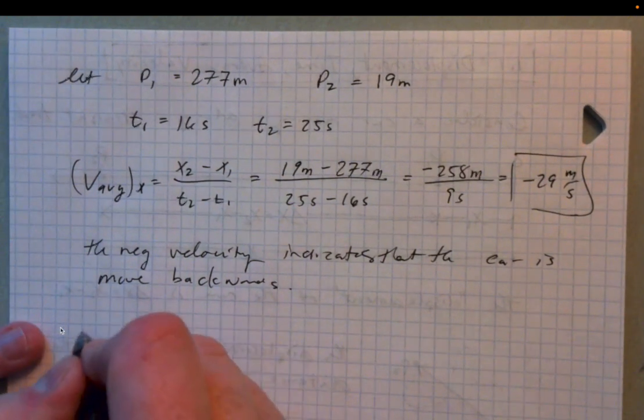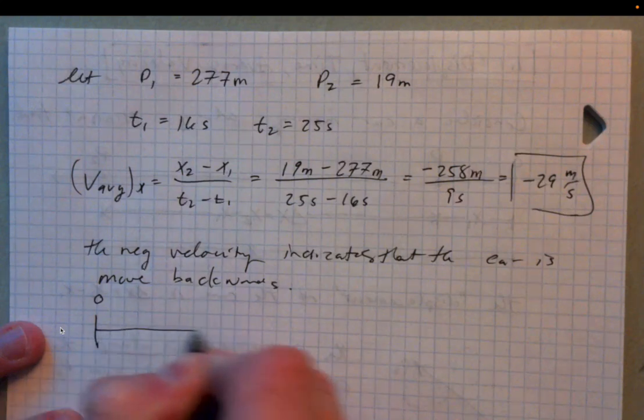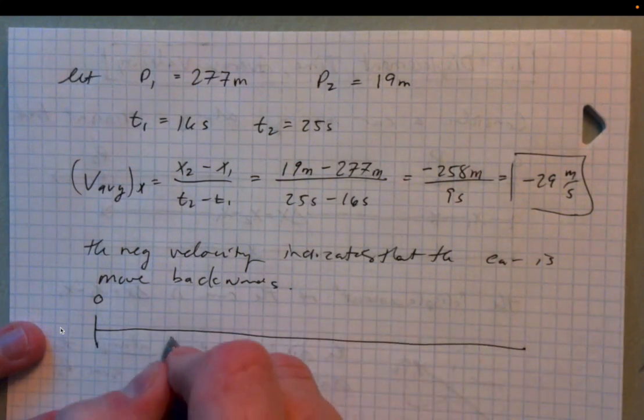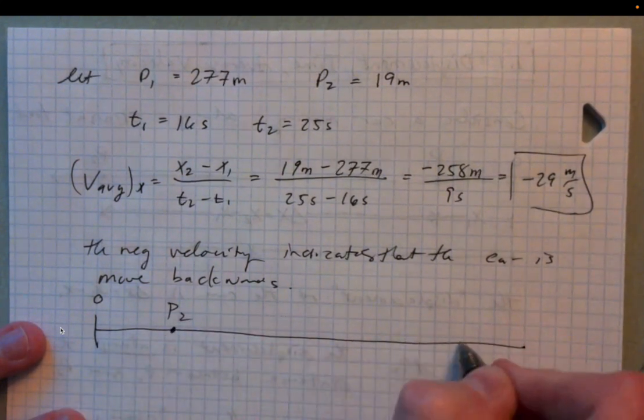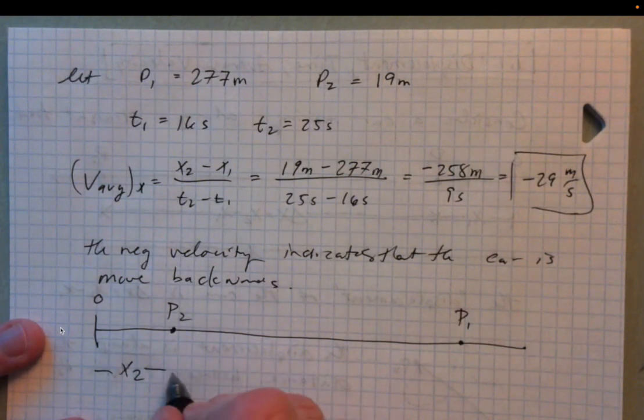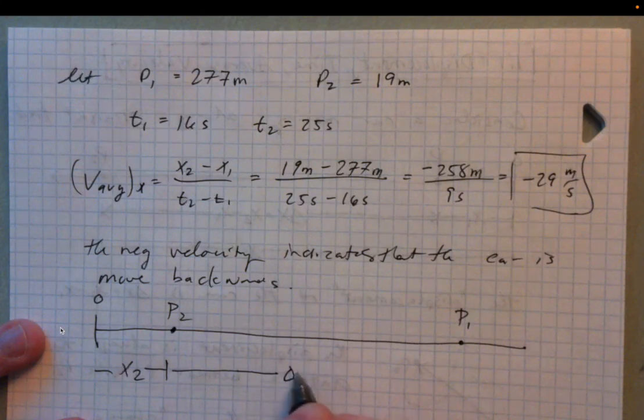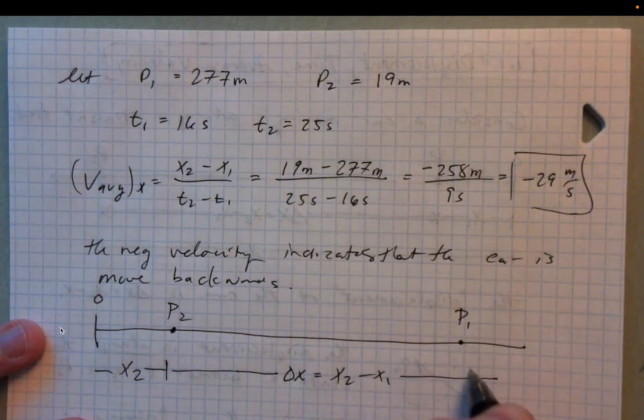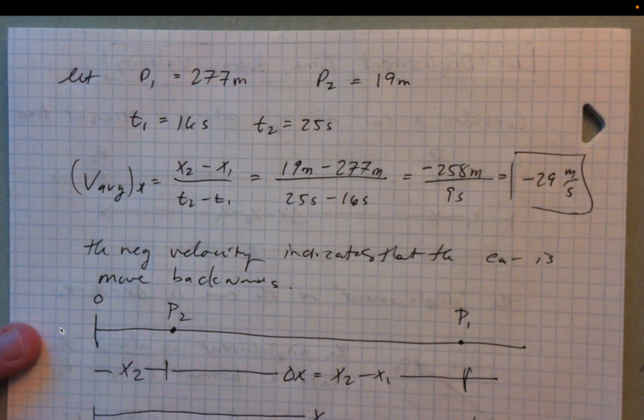For example, here's 0. We could have put P2 here and P1 here, right? So then this would be x2, and this would be our delta x equals x2 minus x1, and this therefore would have been x1, right?